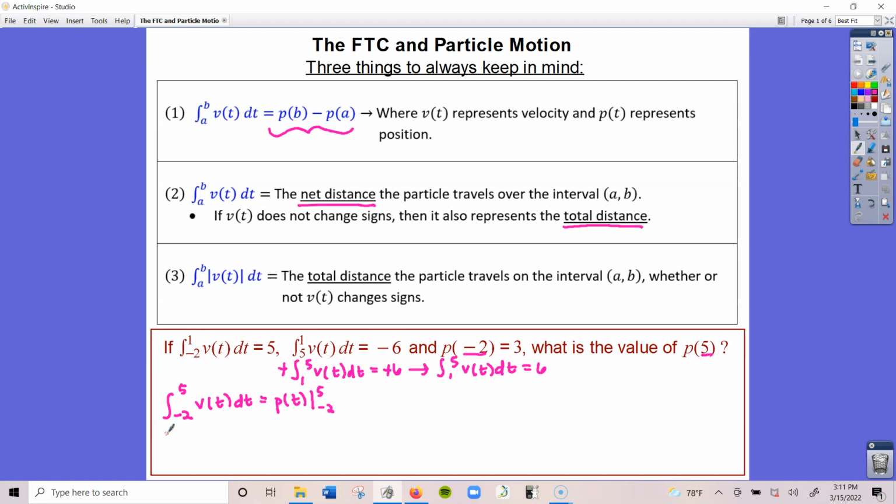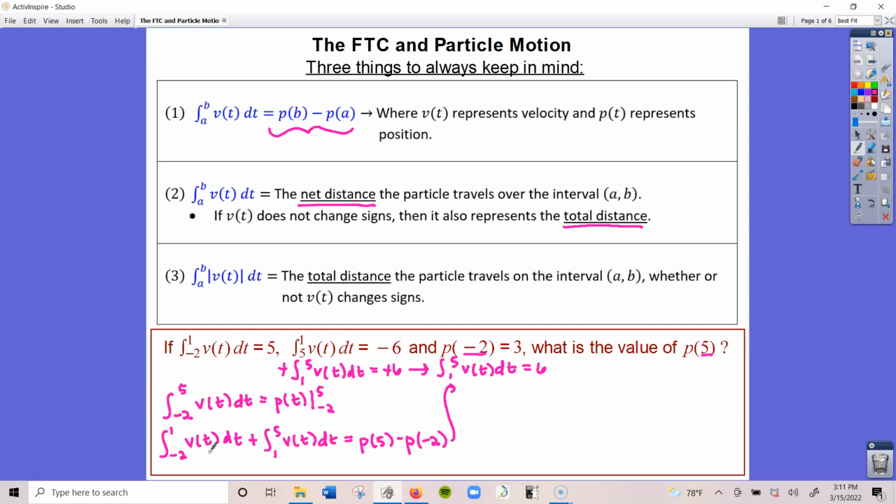So that's what I'm going to do. I'm going to add my integrals, -2 to 1 of v of t dt plus the integral from 1 to 5 of v of t dt, that's this side of my equation, and that is going to equal, if I apply my FTC here, p of 5 minus p of -2.